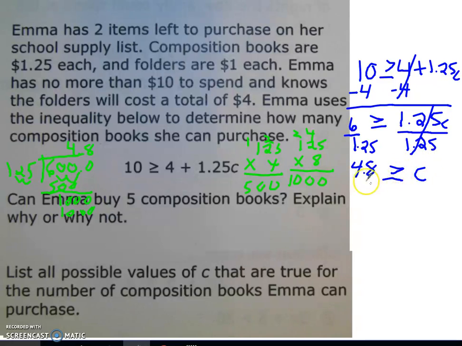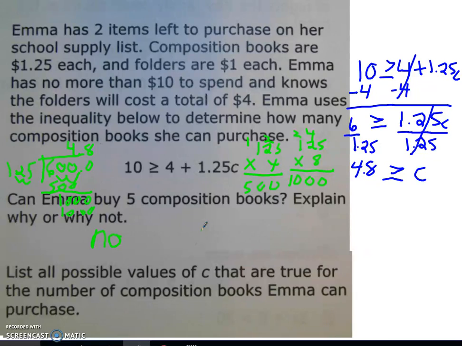All right, so c has to be less than or equal to 4.8. So can Emma buy 4 composition books? No. She can only buy less than or equal to 4.8. Well, you can't have 4.8 of a composition book.